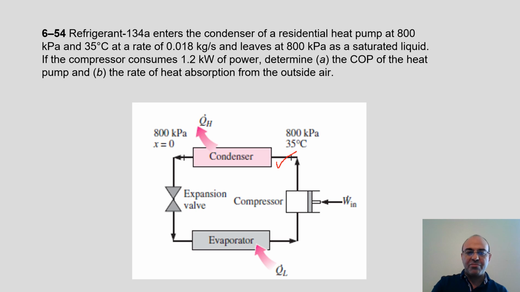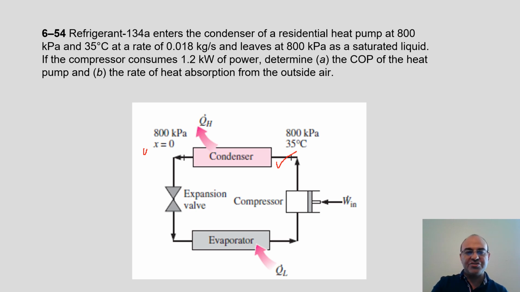At the exit of the condenser, in this particular problem, the pressure is still the same. We assume that pressure drop is negligible. But in the condenser, a phase change process occurs. So at the exit in this particular problem, X is equal to 0, which means that the refrigerant will be saturated liquid at this given pressure.